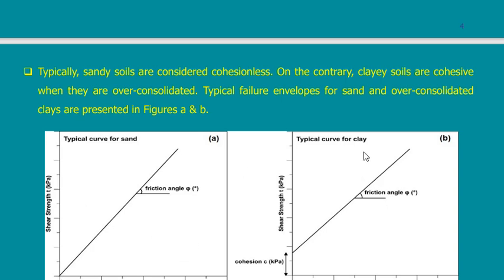The opposite for clay. If it is clay, then I have a C, and I may have a value of phi, or may have a phi of 0. If I have a value of phi, then this will be an inclined line. If I have a phi of 0, then this line will be parallel to the x-axis.